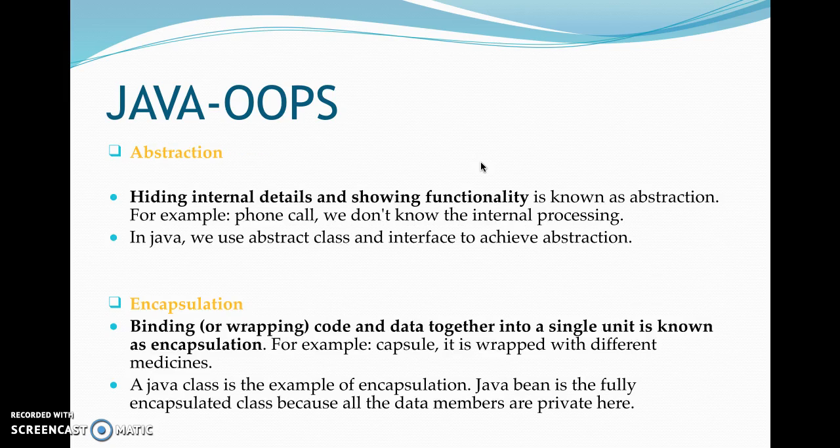Abstraction is about hiding the internal details and showing only the functionality, or only the required details, not more than that. For example, a driver is not supposed to know what is going on inside the engine while they are driving, so they just need to be aware of the steering, the brake and the gear.